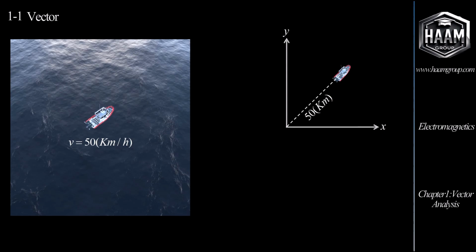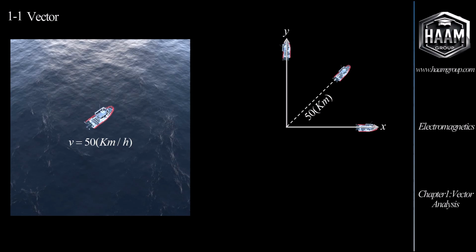The boat could travel 50 kilometers along the positive x-axis or the positive y-axis or in any other direction. Therefore, after 1 hour, the only thing we can say is that the boat is 50 kilometers from the origin.